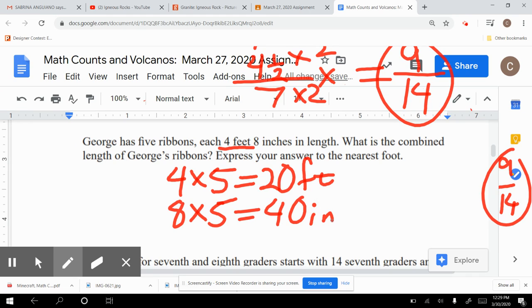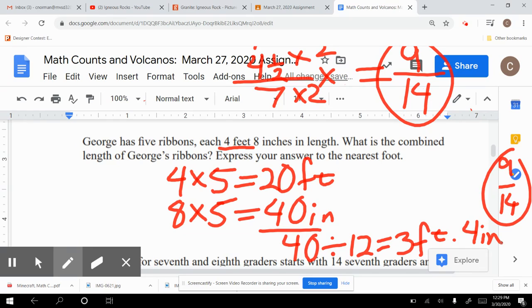Well, we have to express this answer in feet. So let's convert the 40 inches into feet. We do that by dividing by 12. If we take 40 divided by 12, we get 3, with a remainder of 4, which would mean that it's 3 feet 4 inches.